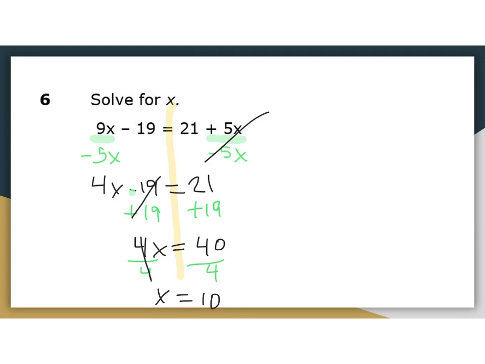Once again, good habit to check. This 10 would go in place of both the x variables.